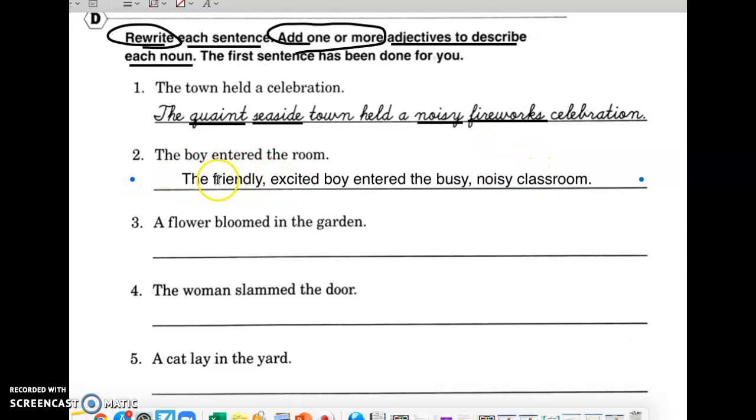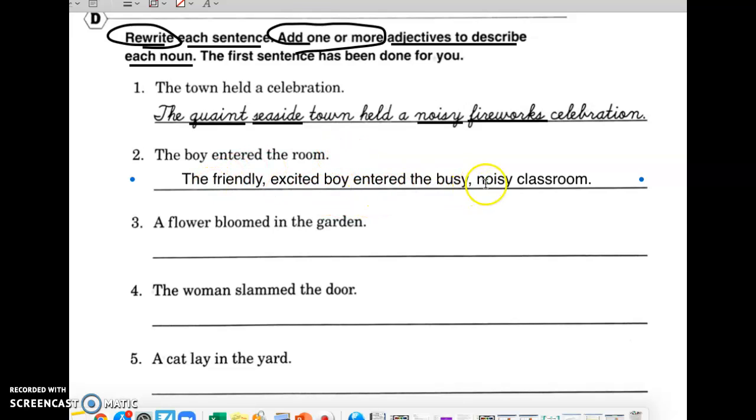Okay? Take a look at the differences between these 2 sentences. The friendly, excited boy entered the busy, noisy classroom. Notice how this sentence here paints a much more specific picture than this one. The boy entered the room. This one is not as interesting, and it doesn't make us want to read any further on, really.